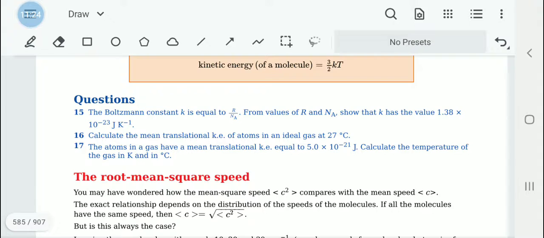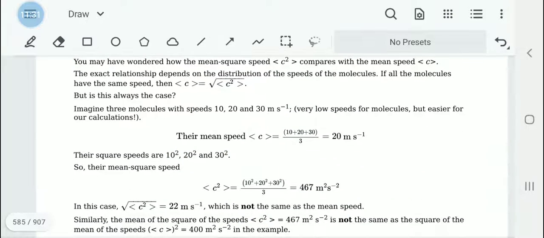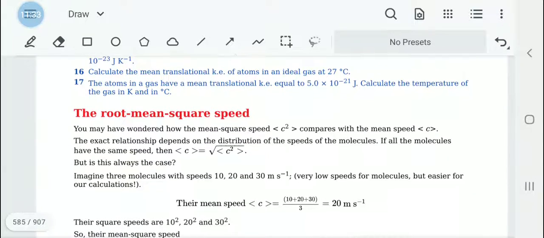Right, then we come to root mean square speed. That is the c squared, mean square speed, we have obtained in the earlier relationships. Now we need to figure out how it compares with c, that is the average speed. The exact relationship is taken by this connection.